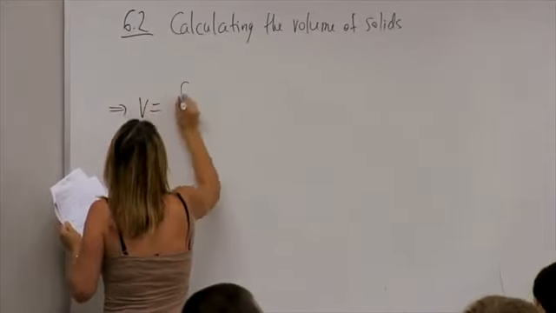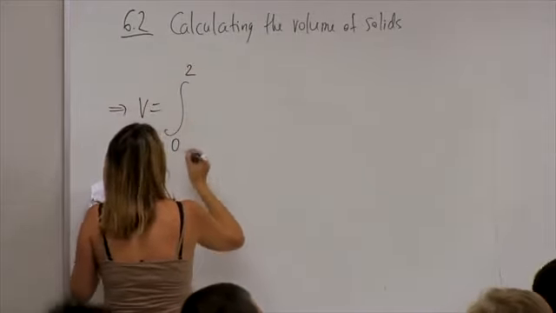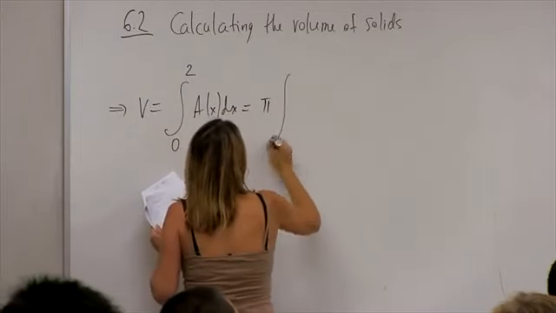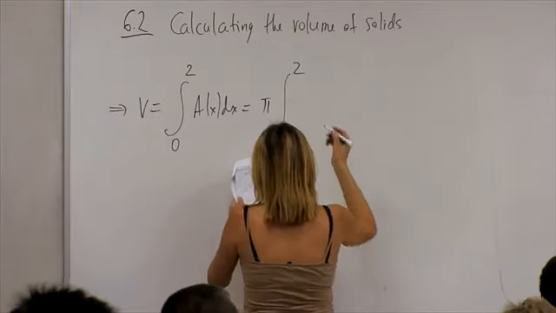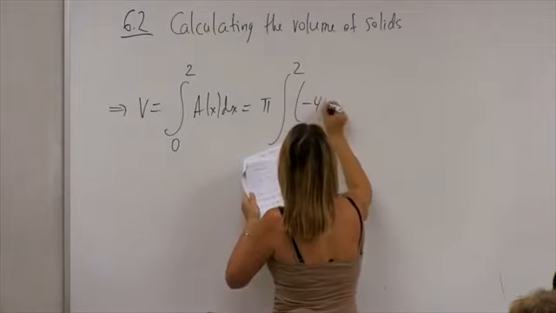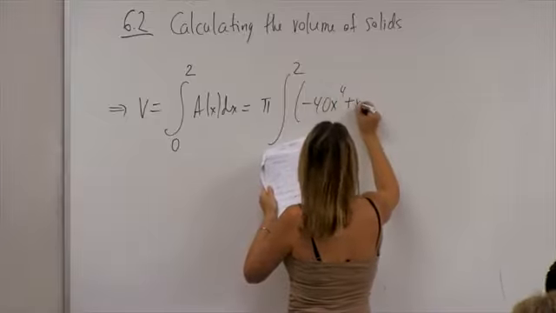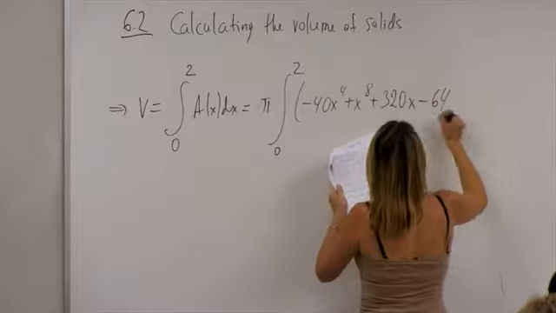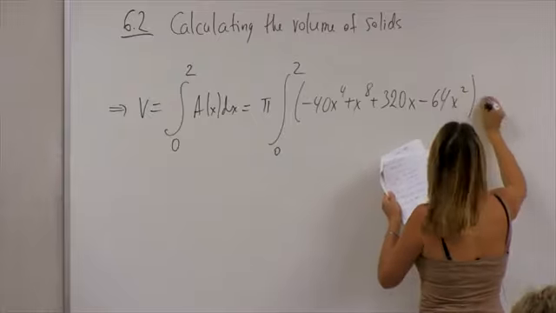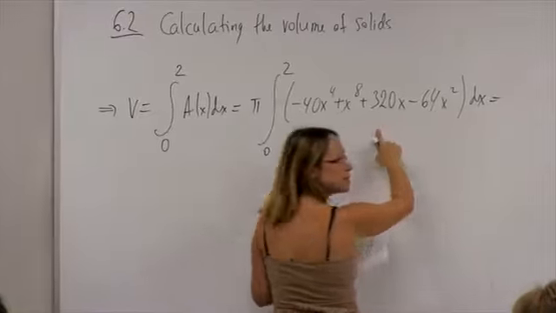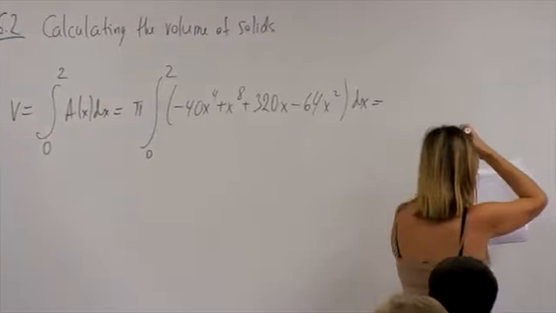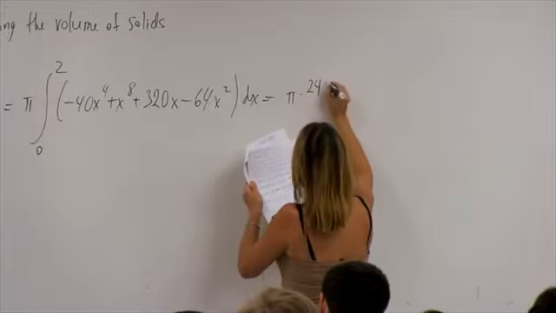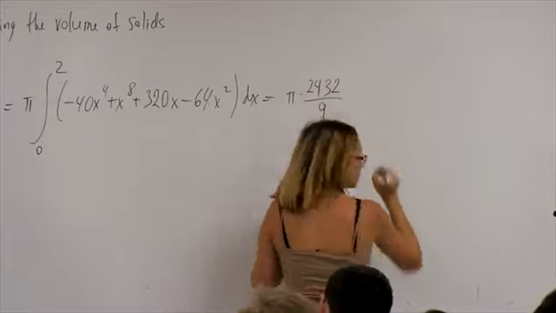So the volume is an integral from 0 to 2 of A of x dx. So it's pi, 0 to 2 of this whole thing. And this is totally easy but tedious, so I skipped one step to give you the answer. And you can check it because I know this is correct. I did it at home.